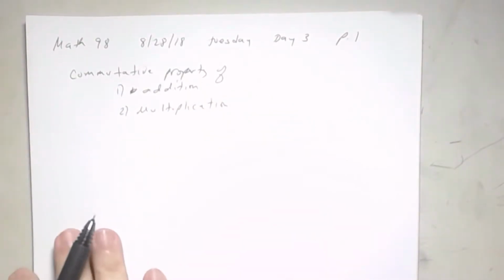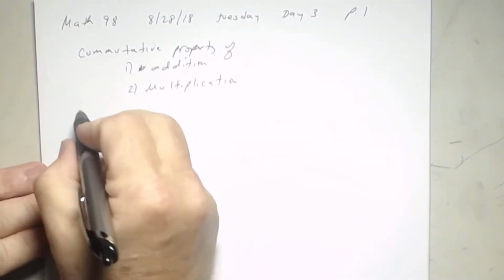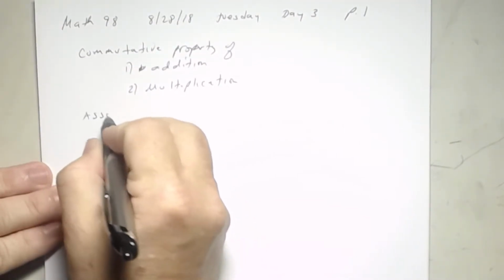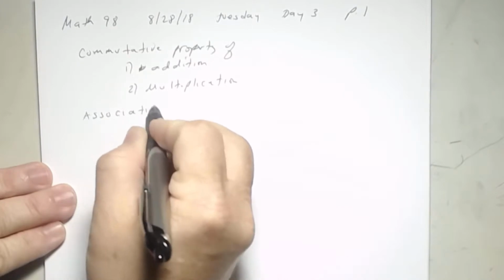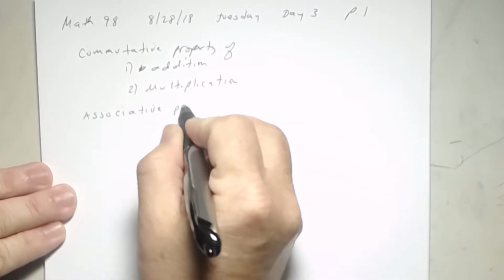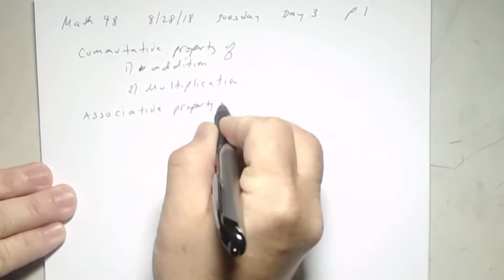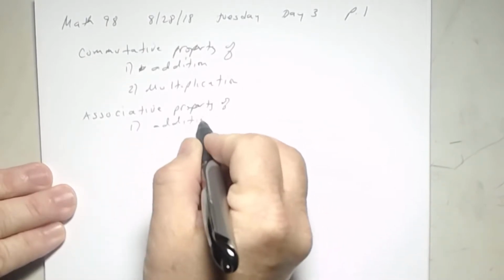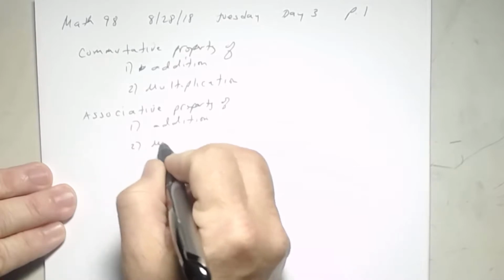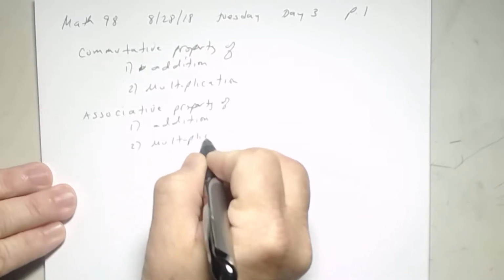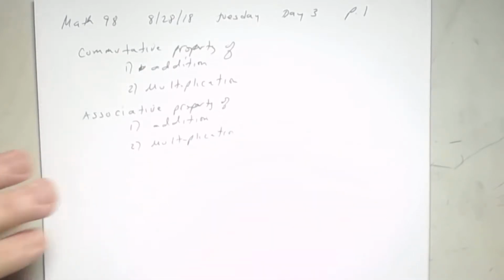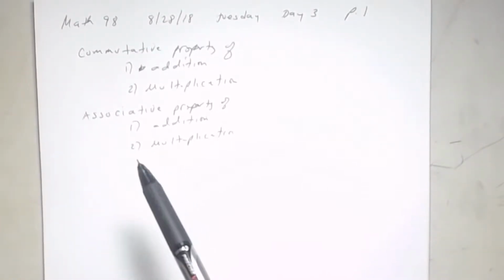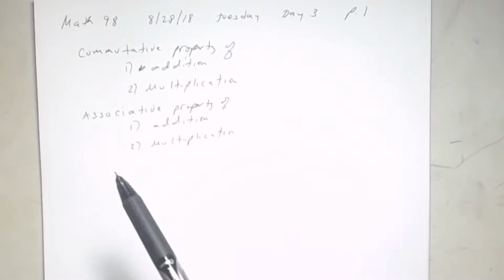Okay, and then we talked about the associative property of, and then again, addition, multiplication. Okay, now remember, the key word for associative property is what word?